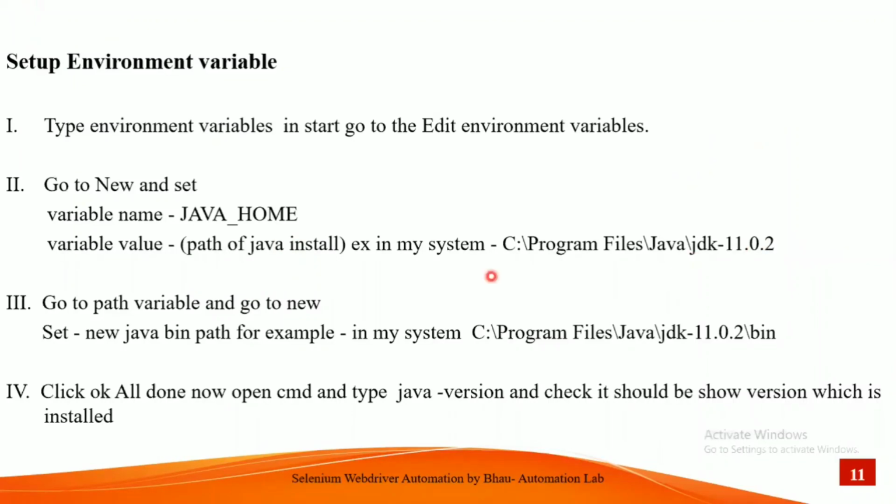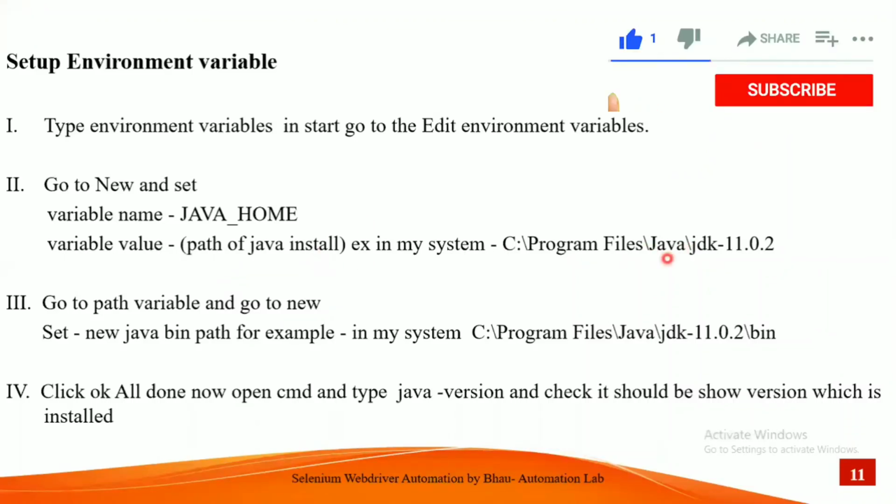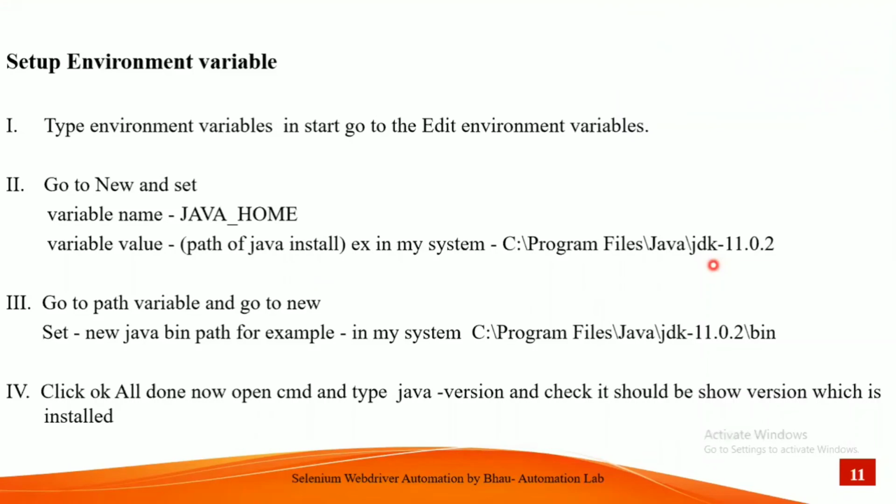So JDK is installed, and we set up the paths through C drive, Program Files, Java, JDK. We installed the current version. If you want older versions of JDK, from JDK 8 to JDK 16, you can install any one. There are not a lot of changes, but the stable version among the older ones is JDK 8, and JDK 11, 14 and 16 are all stable versions.